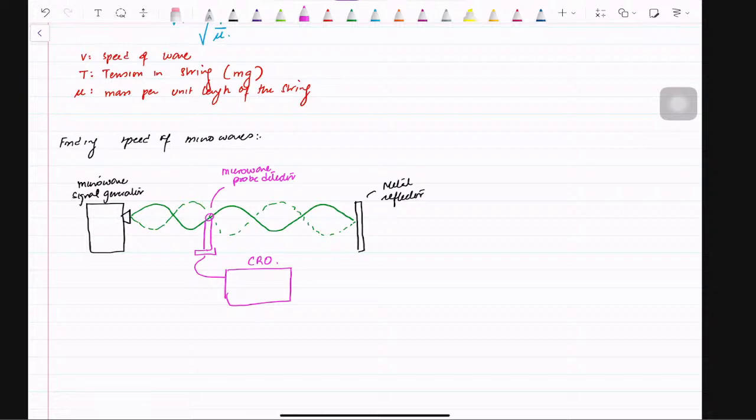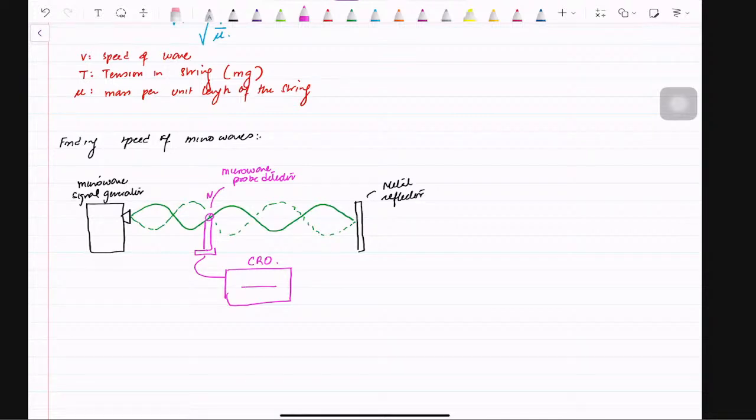So at this point, because this is a node, there will be no reading here. Do you understand?